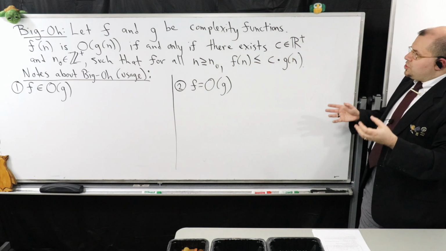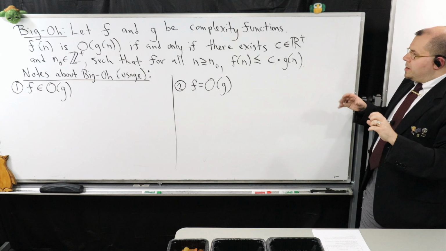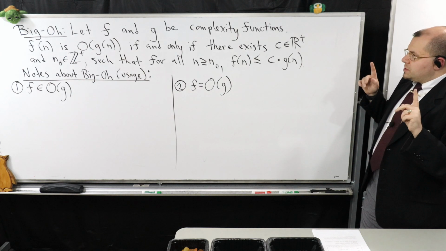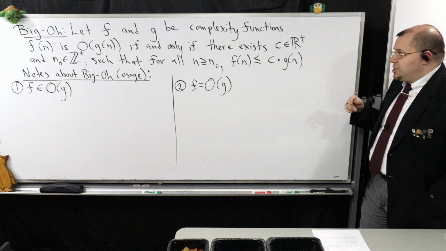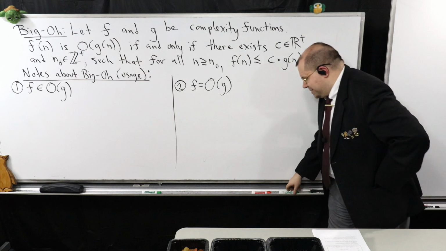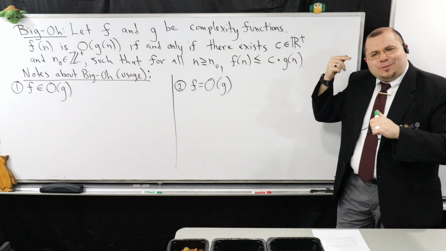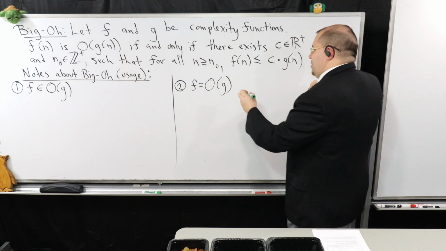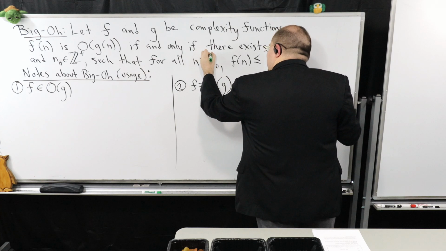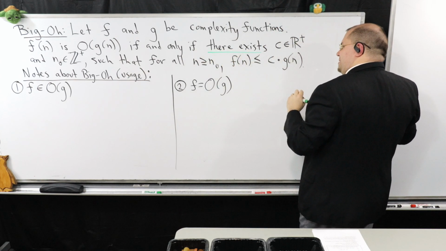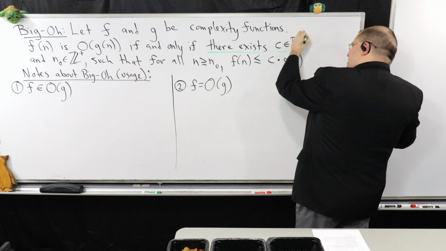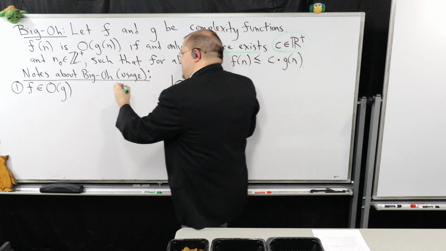Notice that these two constants play a very important role. But here's the thing I really want you to pay attention to. I'm going to underline a couple of things I want you to keep in the back of your mind as we're talking about this, because it's going to come up a lot. There's this "there exists" part, and when I talk about that, I talk about these two constants.